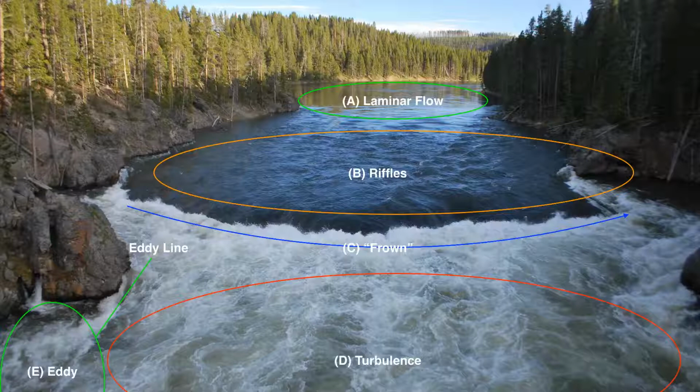A laminar flow means that the river bed is so smooth that the water flows in a laminar way. A turbulent flow is where the river bed and the sides are full of rocks and so on, causing friction to the flow of water and ending up causing a turbulent flow. So that's a laminar flow there at A, then at D, it's a turbulent flow.